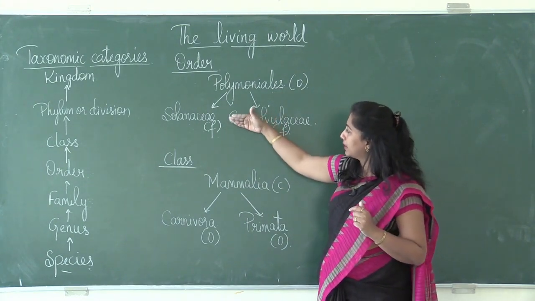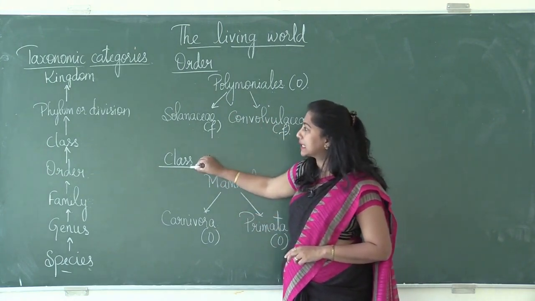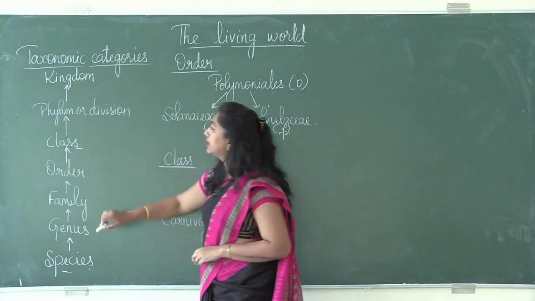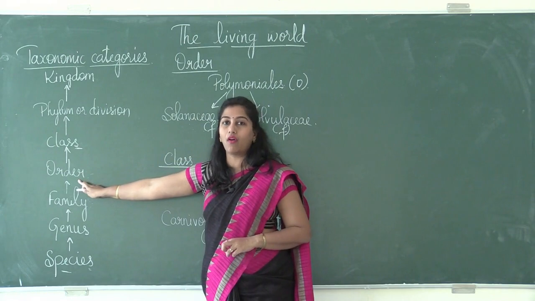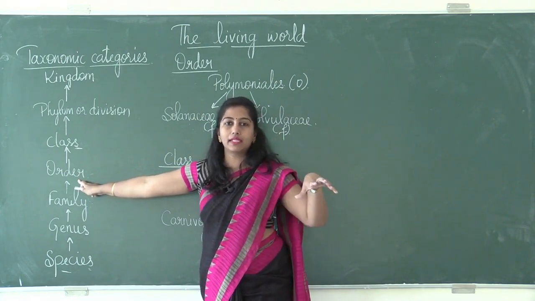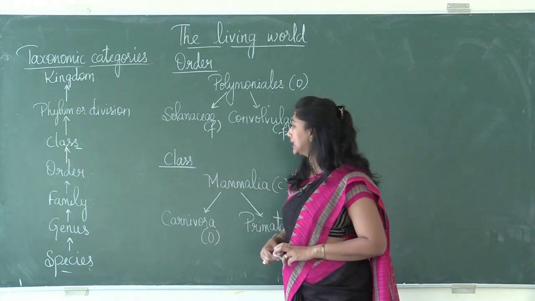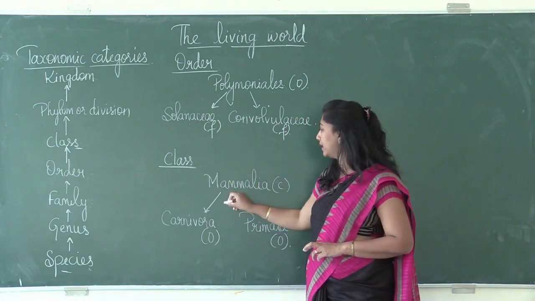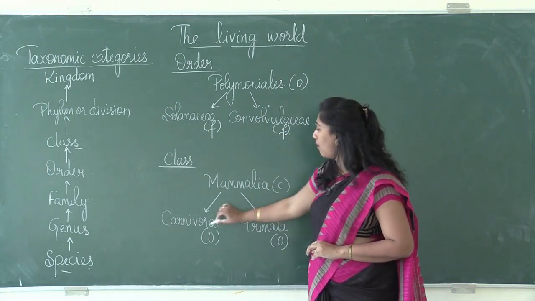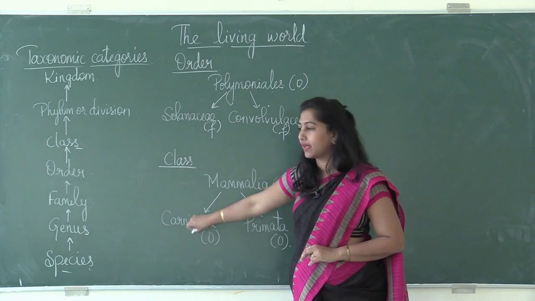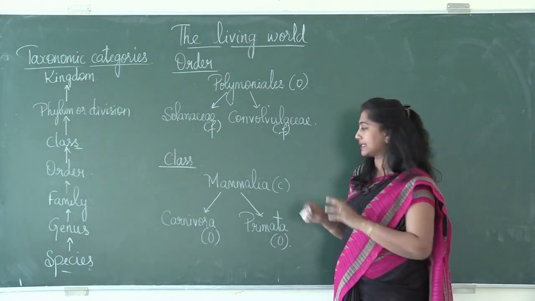Now after order, the next category we study is class. Class has a group of related orders. When many orders have similarities, they are put under a single class. One example here is class Mammalia, which includes order Carnivora and order Primata. There are many other orders also; we just took the example of two.